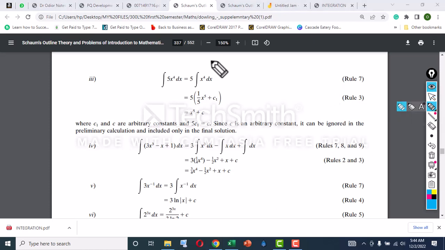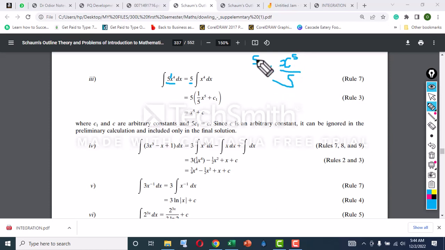So this particular question, integrate 5x raised to power 4. What you just need to do is bring out your 5. Can you see they brought out their 5? Then they are now integrating just x raised to power 4. To integrate x raised to power 4, you do x raised to power 4 plus 1, which is 5, over 4 plus 1, 5.